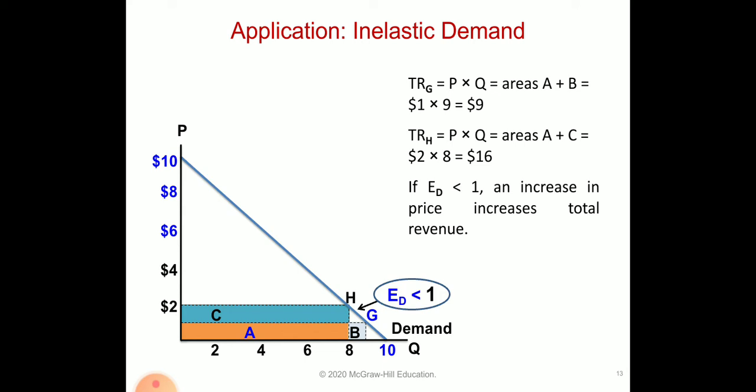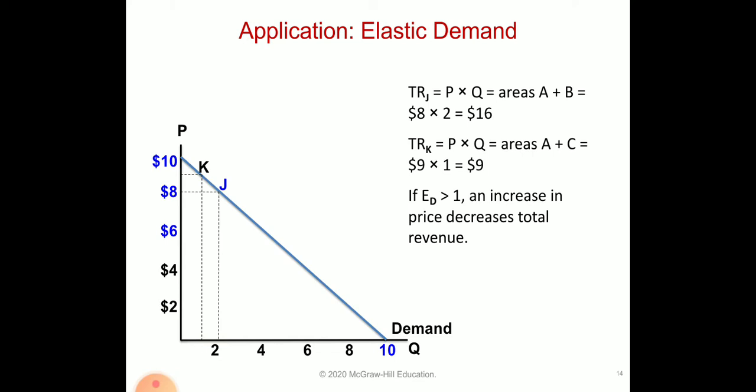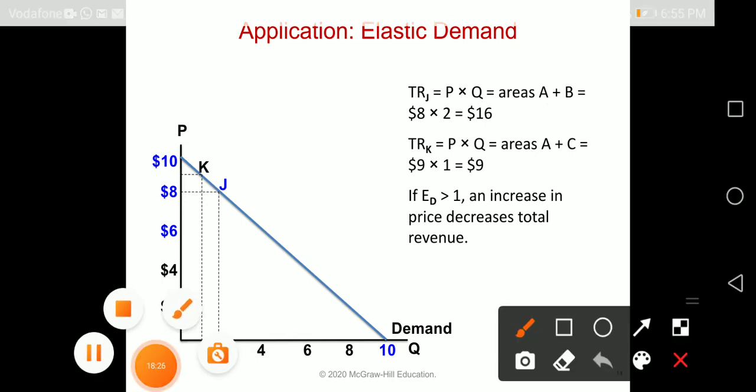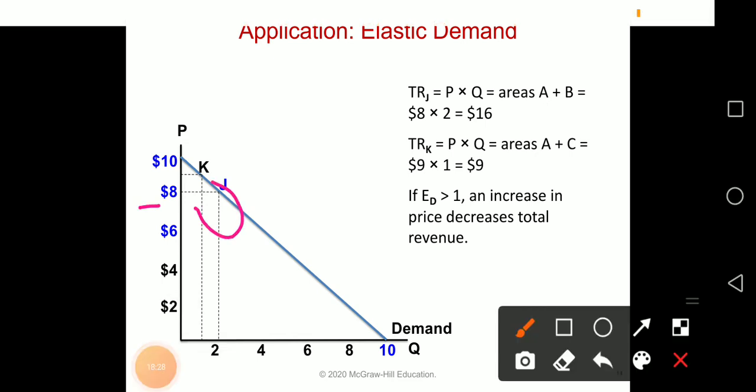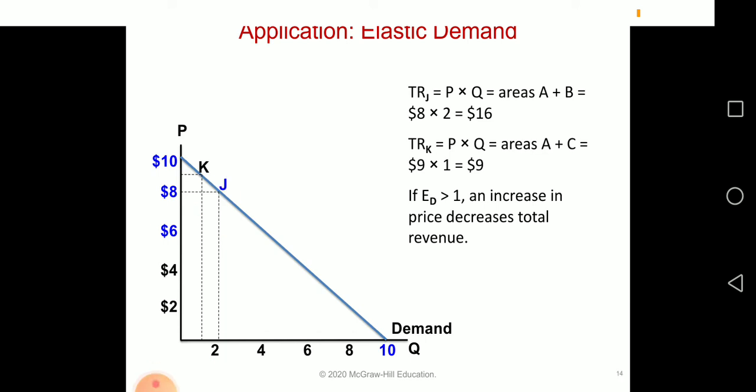Okay, I have here this graph. I have here 8 and 2. So point J, 8 times 2, this point, 8 and 2. And the other point is 9 and 1. So I have here from 16, the first one, to 9.